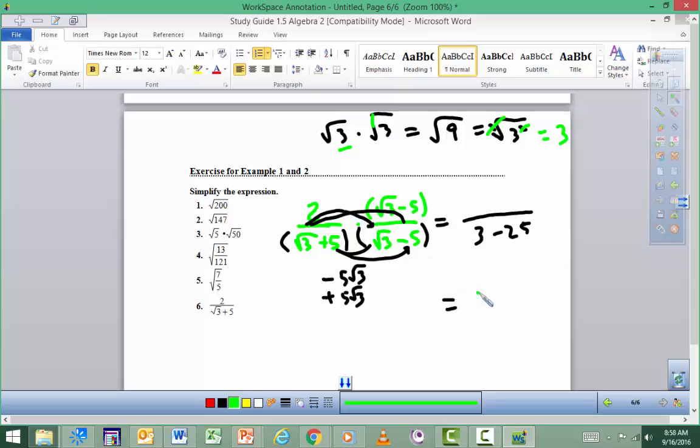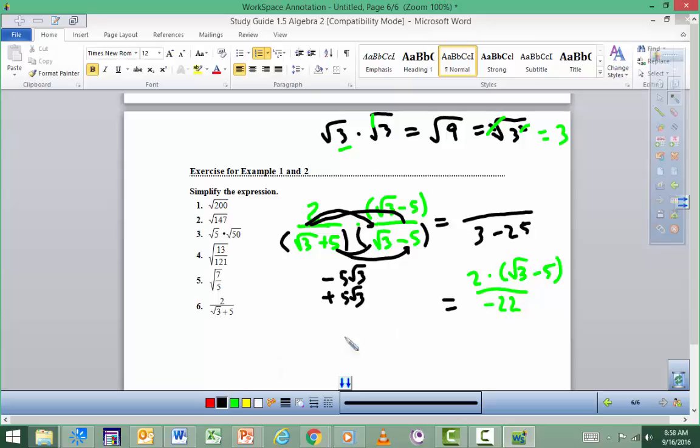In any event, the denominator here becomes 3 minus 25. I think that's negative 22, right? Yeah. And then notice what we have up here. We had 2 times this expression, square root 3 minus 5. Well, that's an even number up there, so why don't we just cancel this?